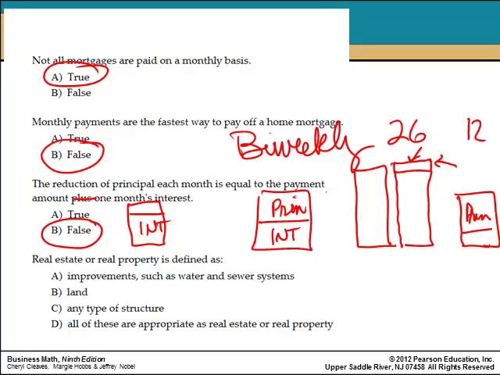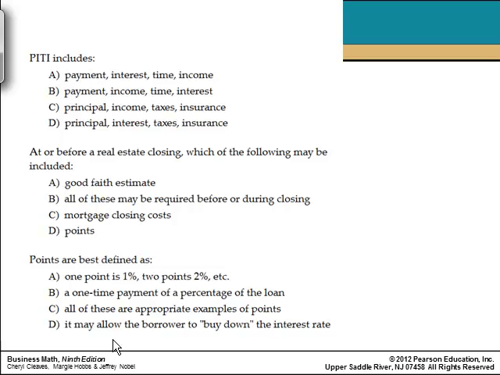Real estate or real property is improvements such as water, sewer, land, structure, and in fact it's all of these. Last one. PITI includes principal, interest, taxes, insurance. There we go.